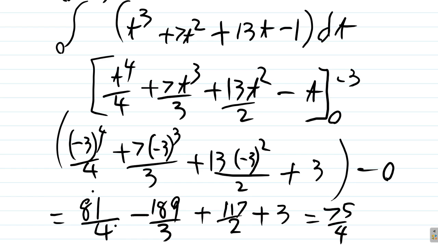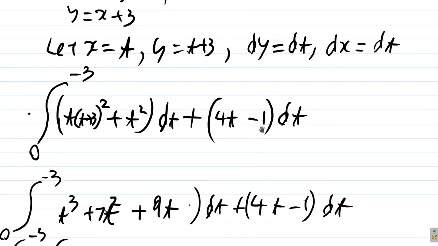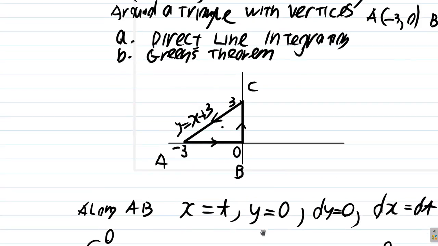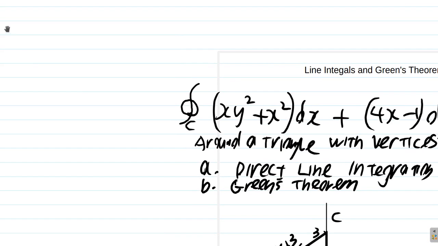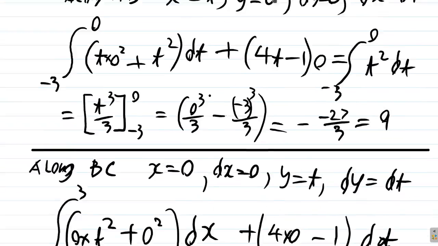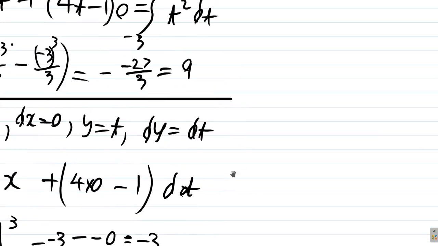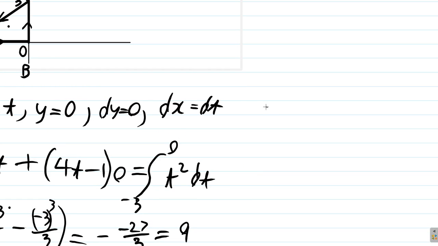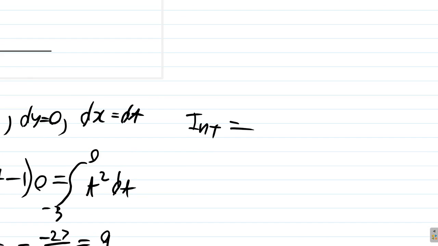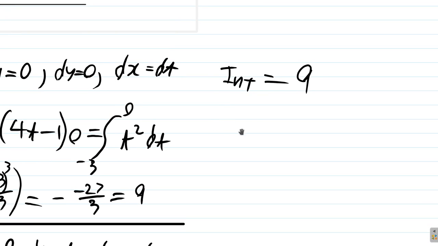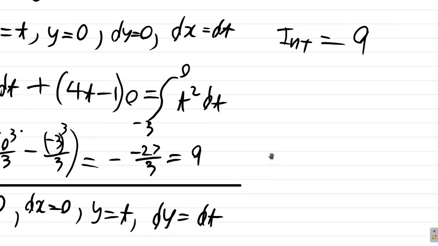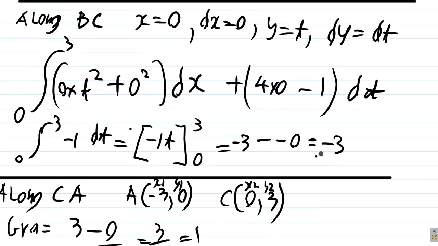Now, what we want to do is add them up together. So this integral, let's give it a name. Call it int, so I don't have to rewrite the whole thing. So int is equal to 9 plus negative 3.